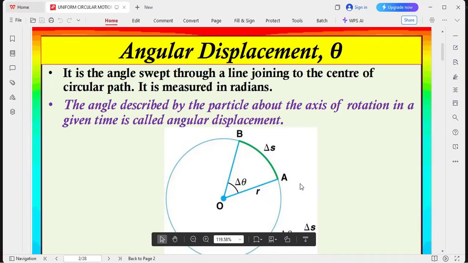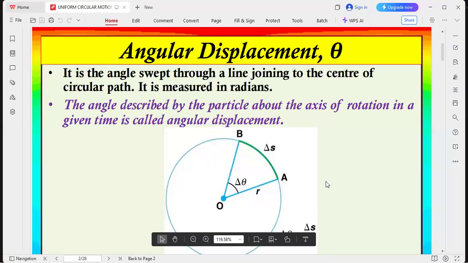So we are going to have theta equals circumference over radius. And how do we calculate circumference in maths? Theta equals 2 pi r over r. So the r's will cancel, and we are left with theta equals 2 pi.